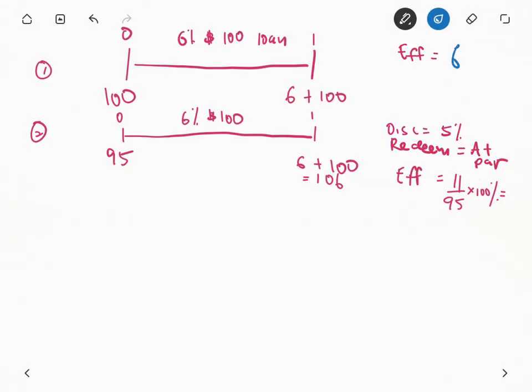About 12%, 11.6%. My nominal rate is 6%. Effective rate is 11.6%. Can you differentiate these two?